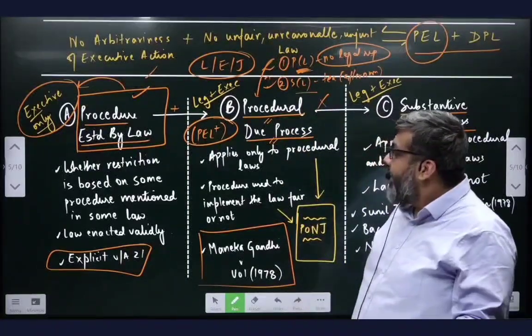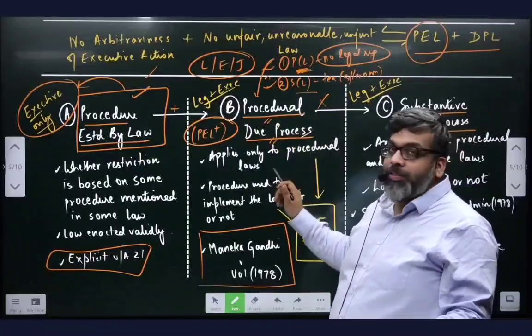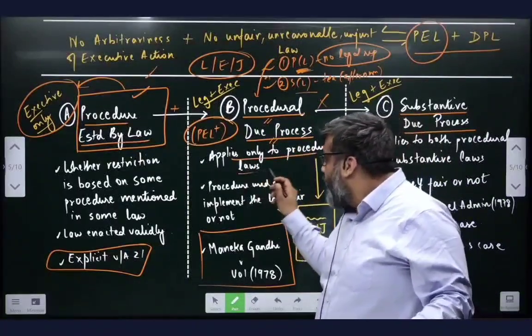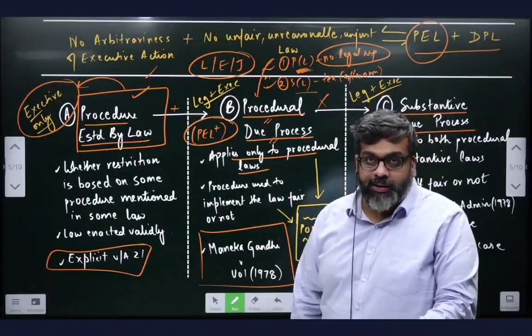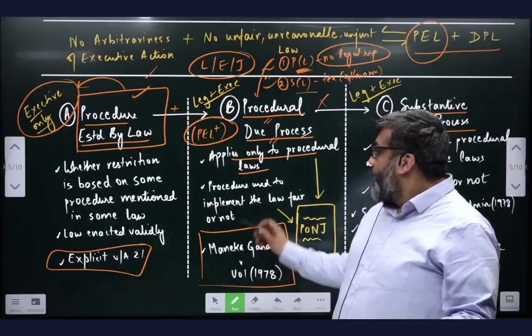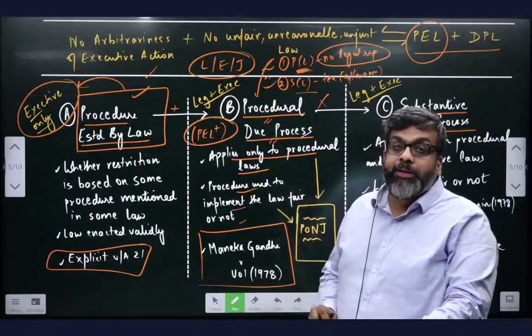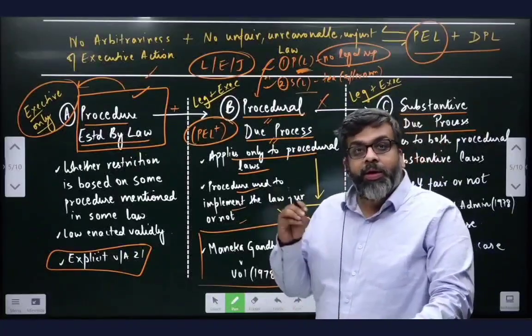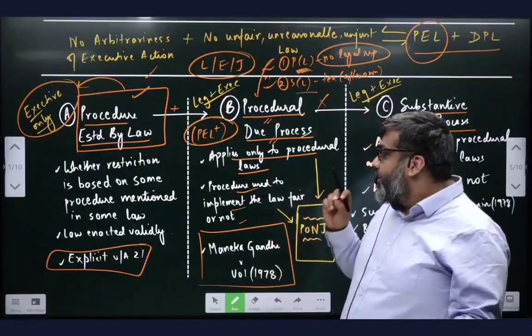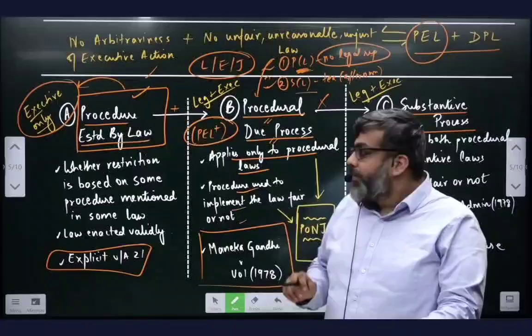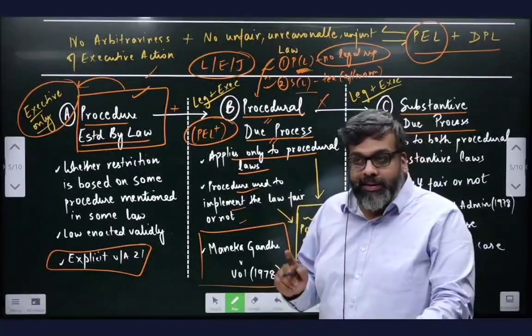The basic understanding is procedural due process applies only to procedural laws, and therefore the procedure used to implement the law, is that procedure fair or not? So that is what is meant by procedural due process.